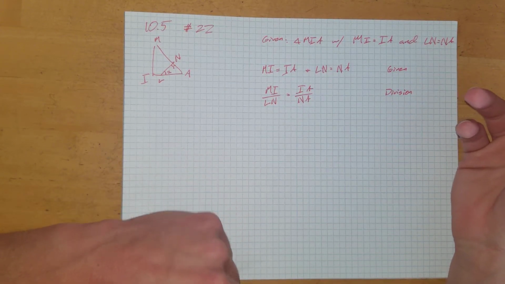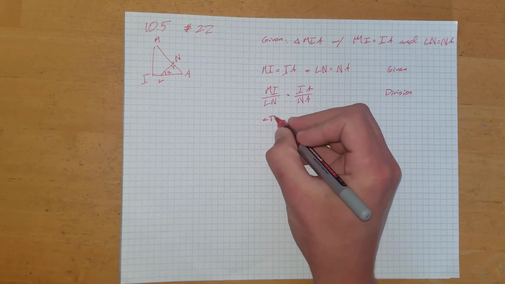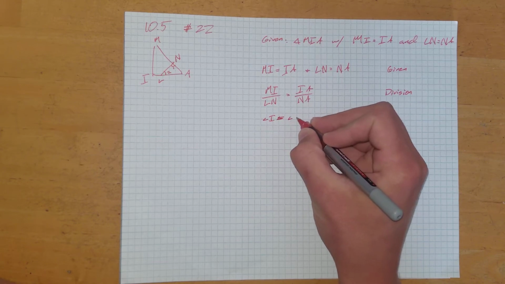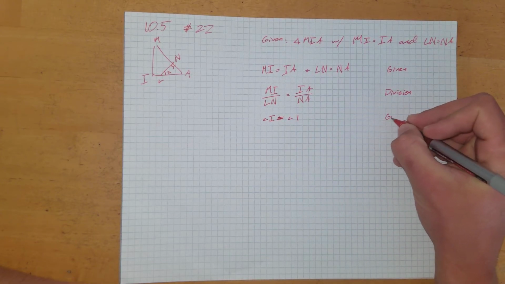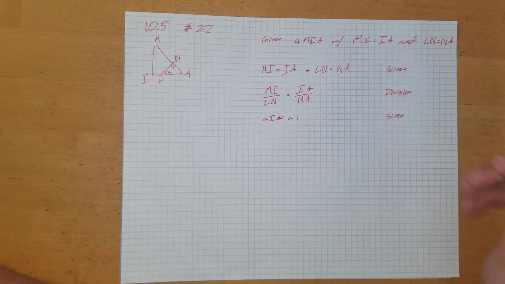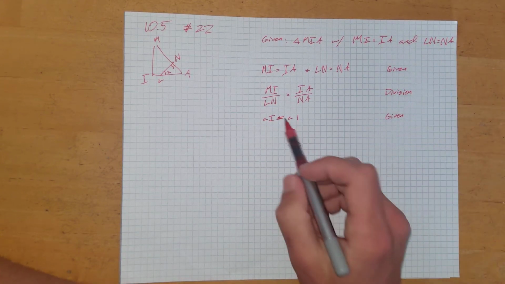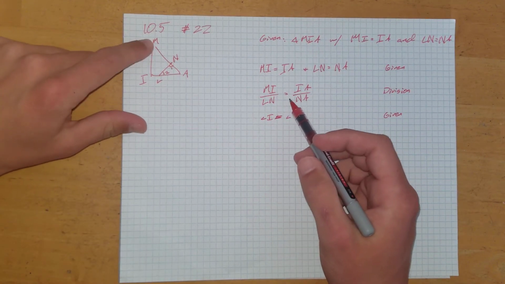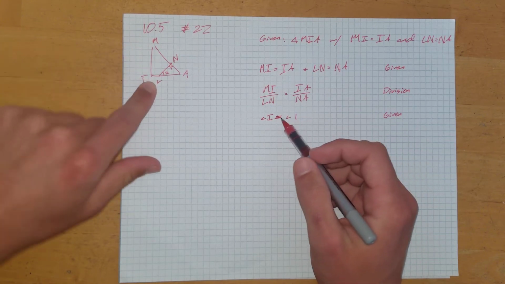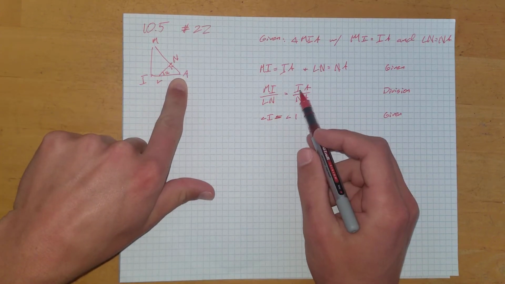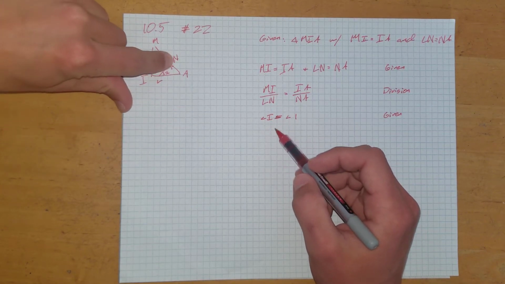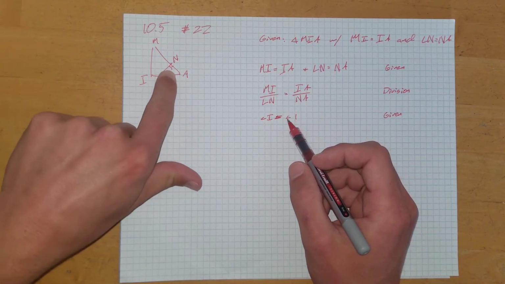My second given is angle I equals angle 1. This is given. And so that is all I need to know, because I have a side and an angle. If I look over here, MI and IA has angle I in between them, and LN and NA has angle 1 in between them.